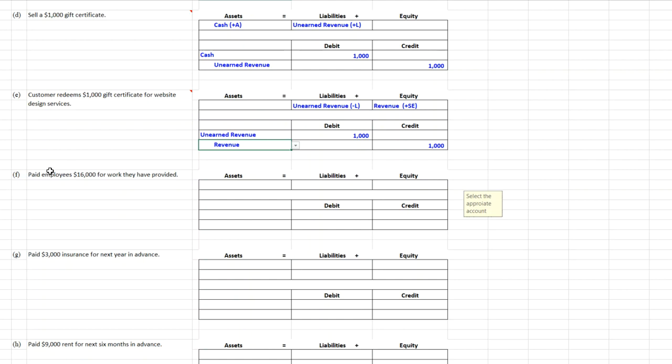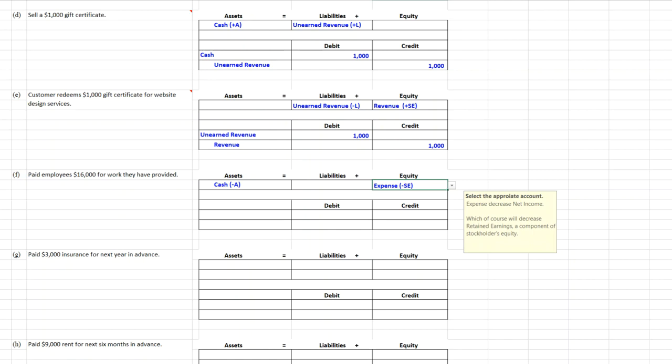Item F, we've paid employees $16,000 for work that they've provided. We've paid them cash. So our cash is decreasing. They've provided us a service. So we're going to have a decrease in stockholders' equity. We're going to record an expense. And again, expenses decrease net income, which will, of course, reduce retained earnings eventually.